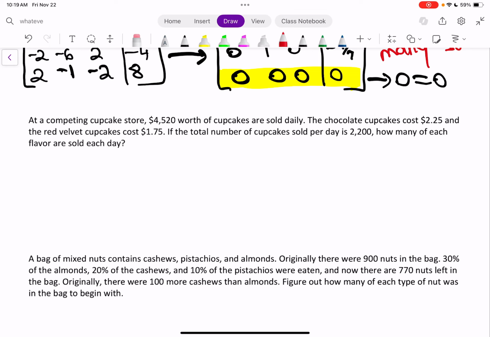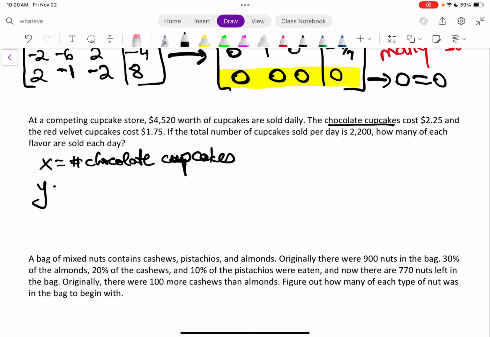If the total number of cupcakes sold per day is 2,200, how many of each flavor are sold each day? So each flavor means chocolate cupcake. So we want to know how many chocolate cupcakes are sold. And then we want to know how many red velvet cupcakes are sold.